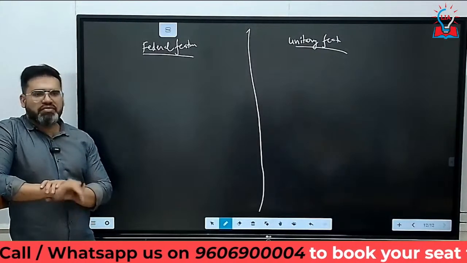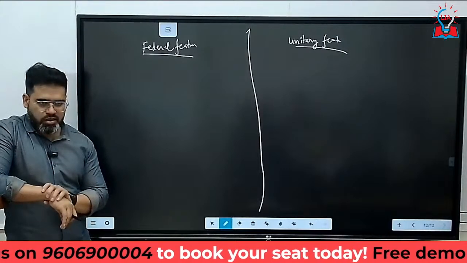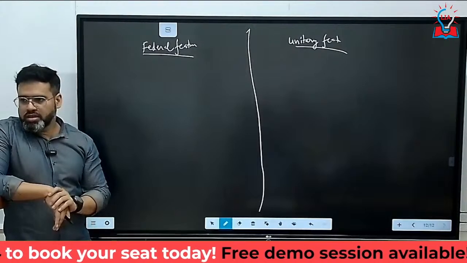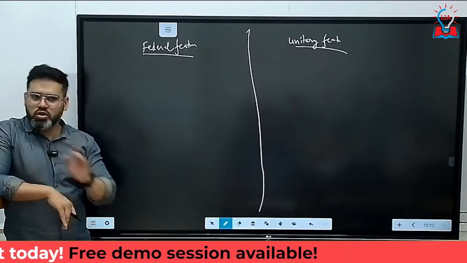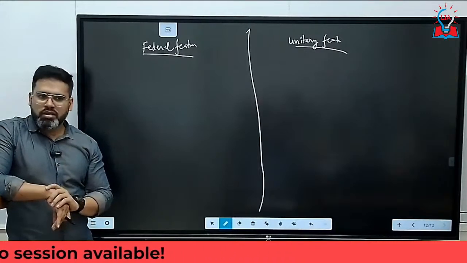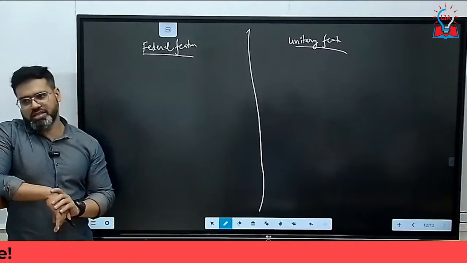A federal feature means a feature of the constitution which is helpful for the state government, where the state government's interest is involved. Correct? And a unitary feature means where the state government has no role. All things are under the control of the union government only. That is known as a unitary feature.